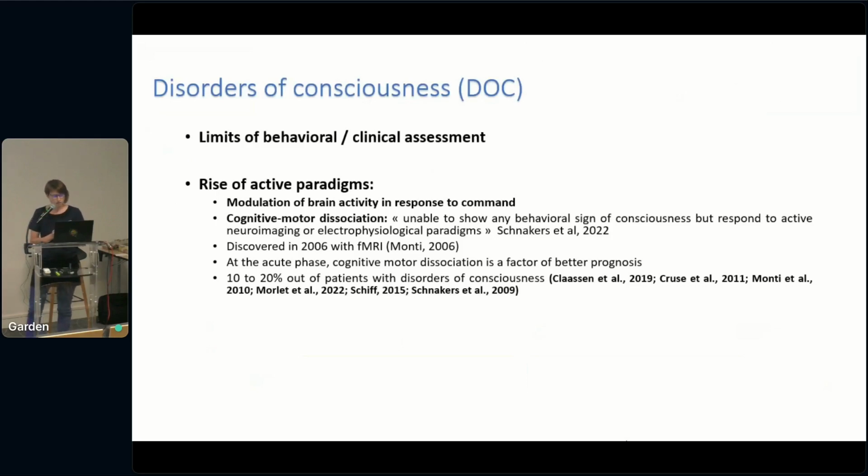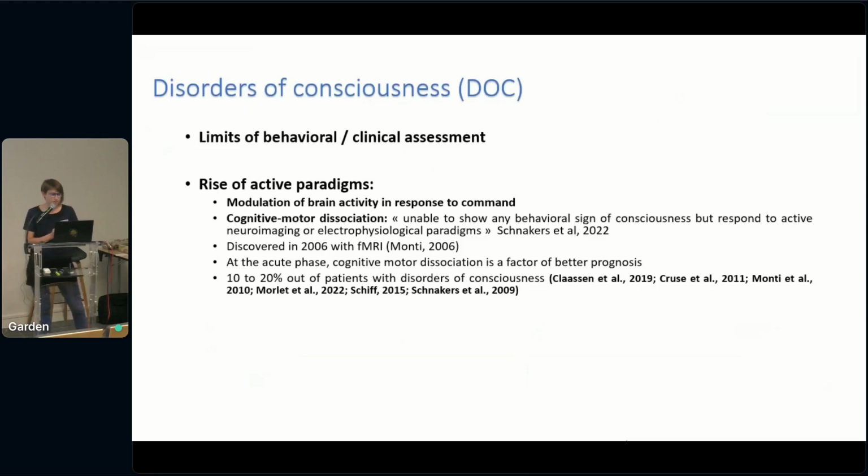If there is this modulation, then the patient is considered as responsive to command covertly, so it's a particular case of cognitive motor dissociation. This is the name of this peculiar category of patients.